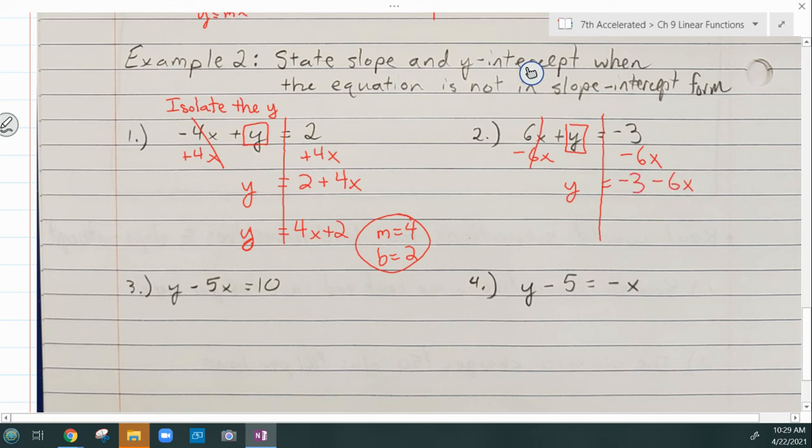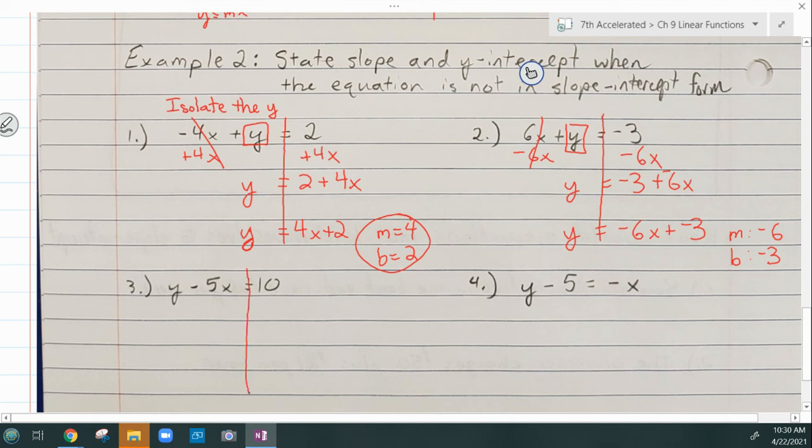Now I'm going to use the definition of subtraction so that I can use the commutative property and flip-flop these terms. So negative 6x plus negative 3. And now that it's in slope-intercept form, we can find the slope, which is going to be negative 6, or negative 6/1, and b is going to be negative 3, or 0, negative 3.